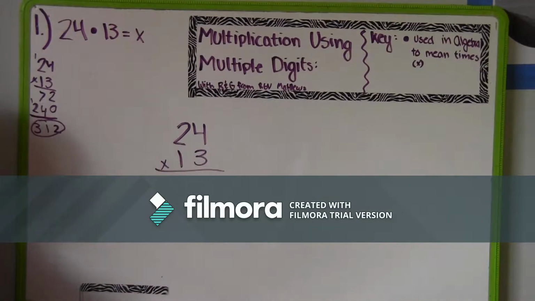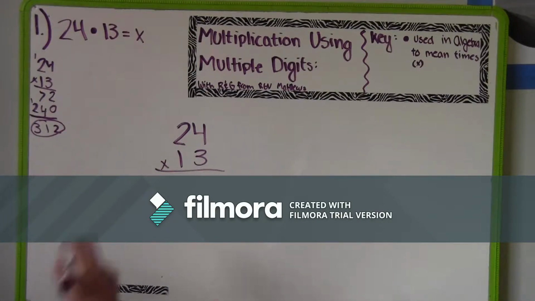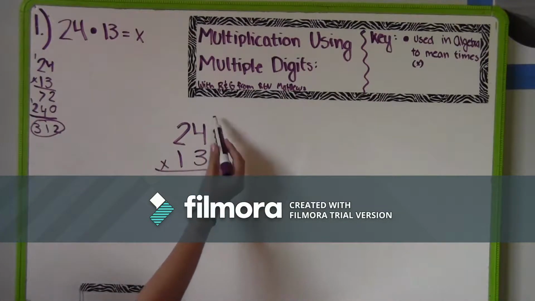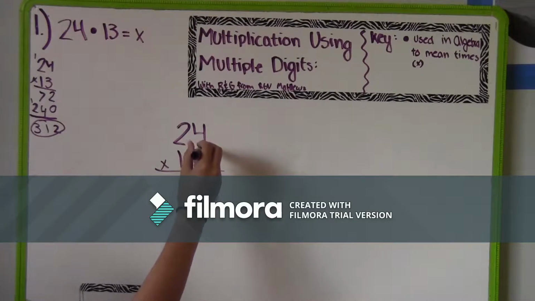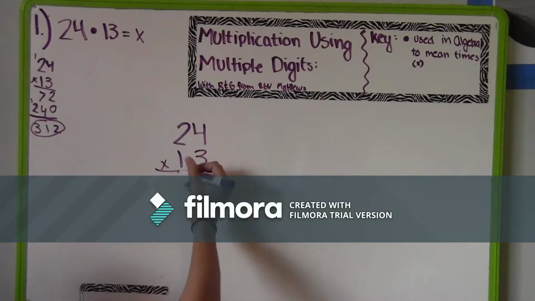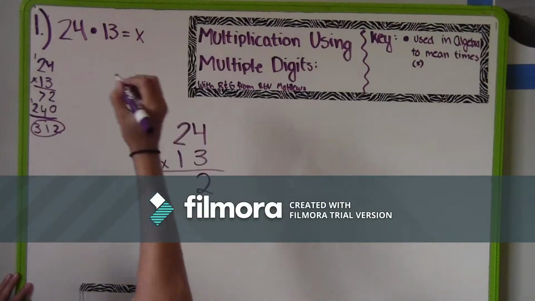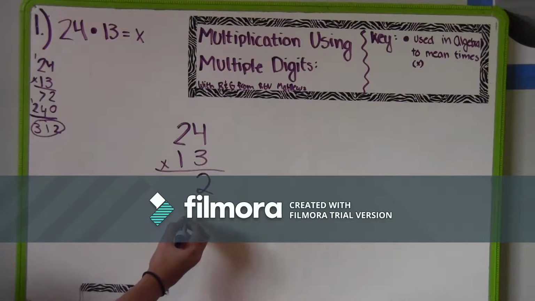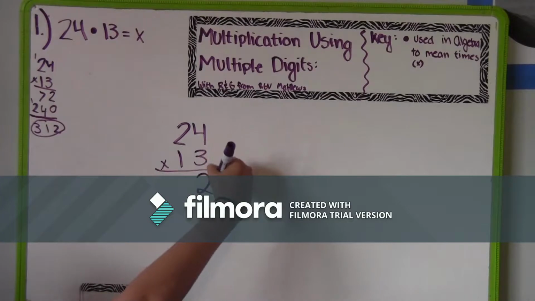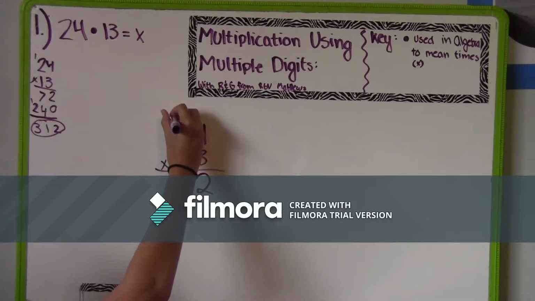When doing multiple digit multiplication, our first step is to multiply the numbers in the first column. So that would be 4 times 3. The answer to 4 times 3 is 12. So down here, we would write the 2. And since we can't put two numbers in the ones column, we're going to have to carry that 1.